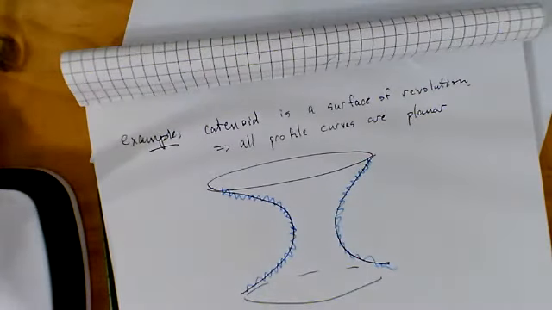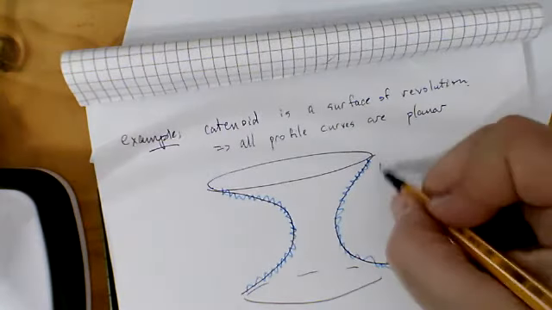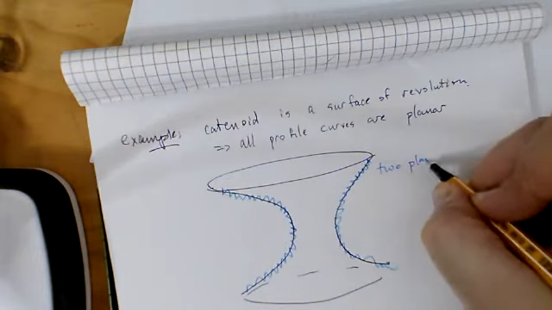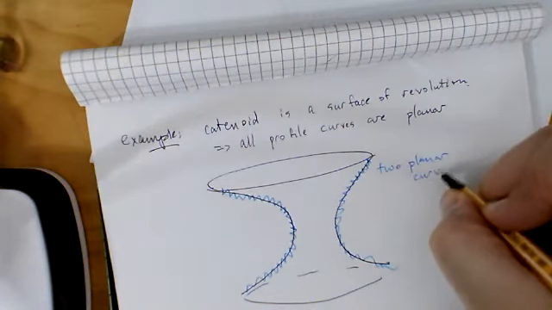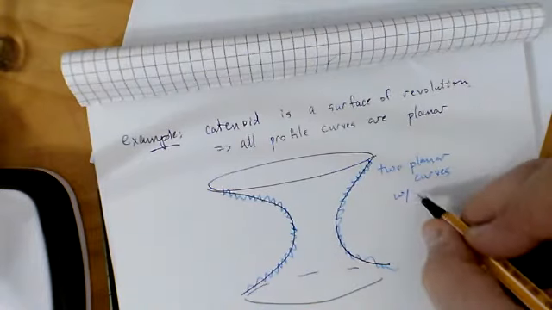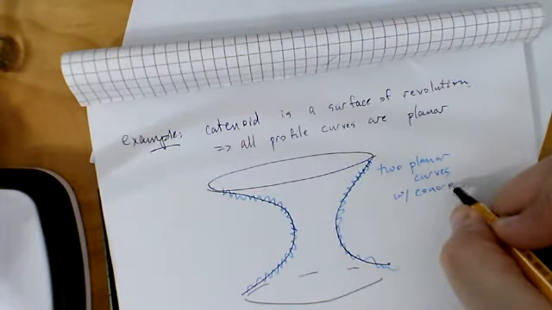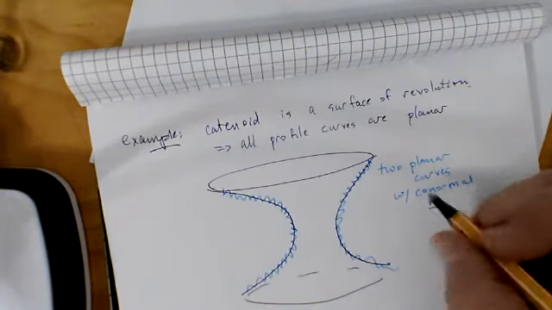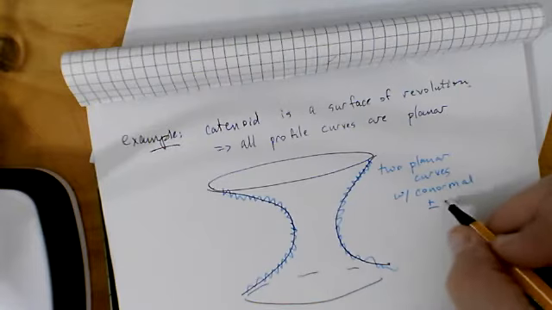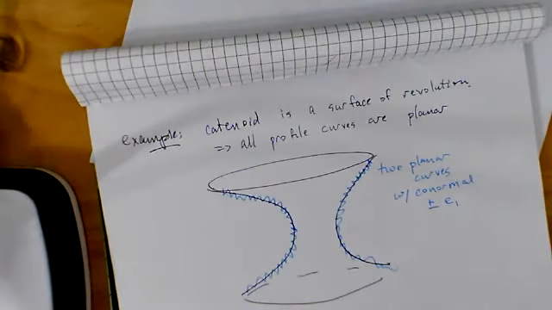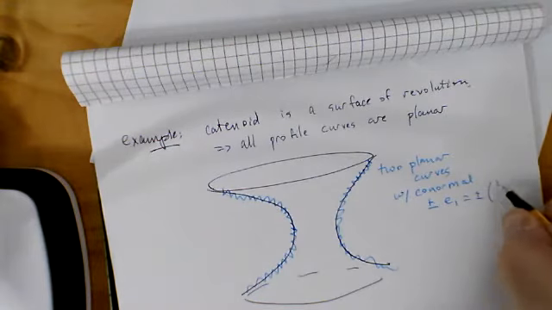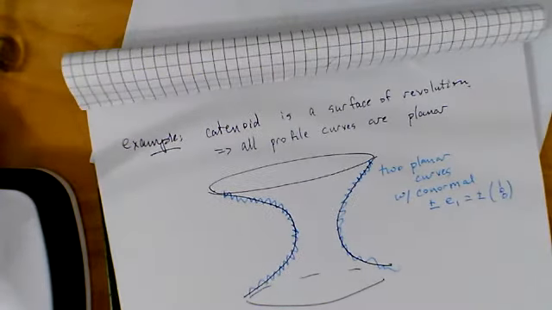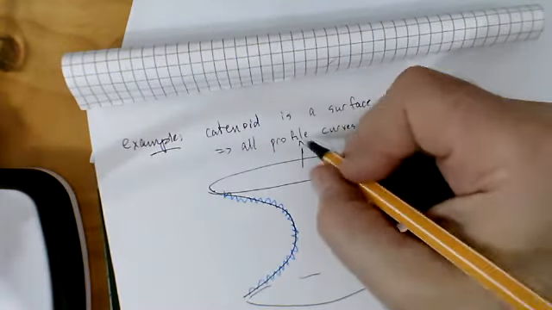So these are two planar curves with conormal plus or minus, well, in this case, the vector sticking out of the page. So here, let's draw some orientation. So this is the x3 axis.